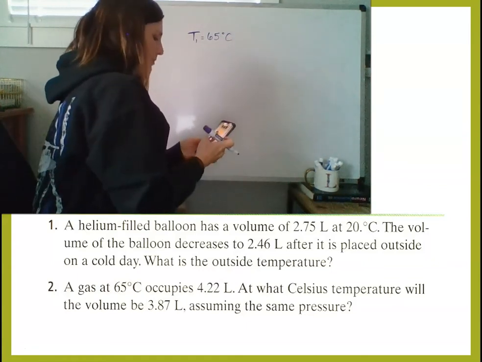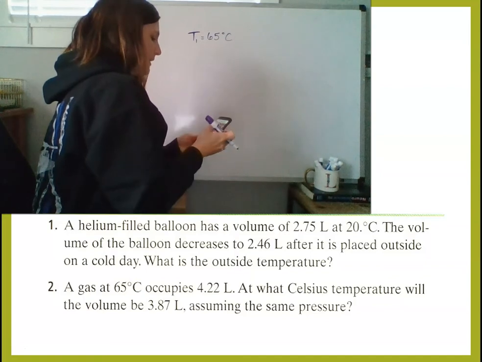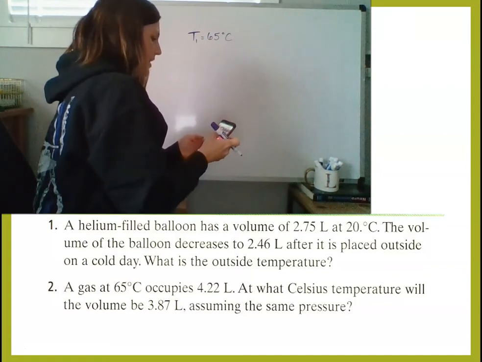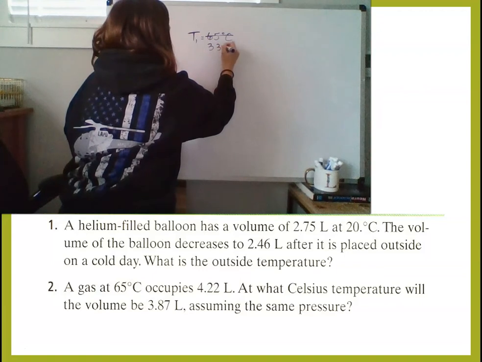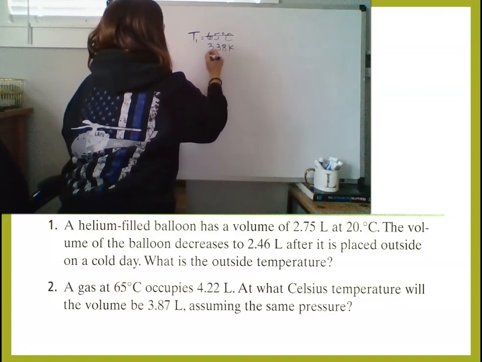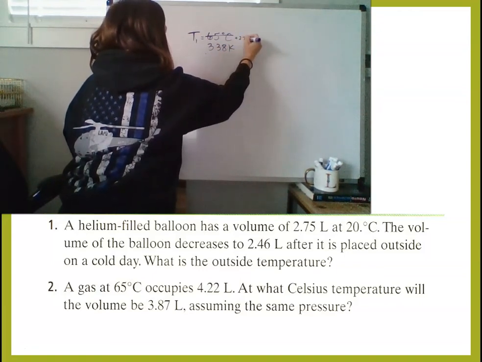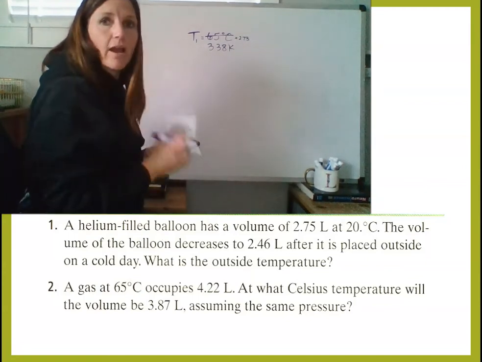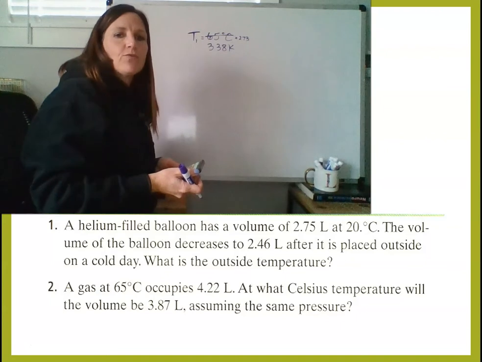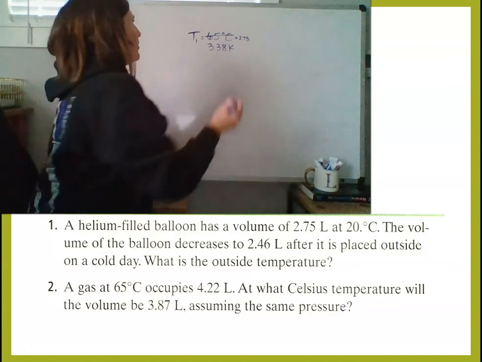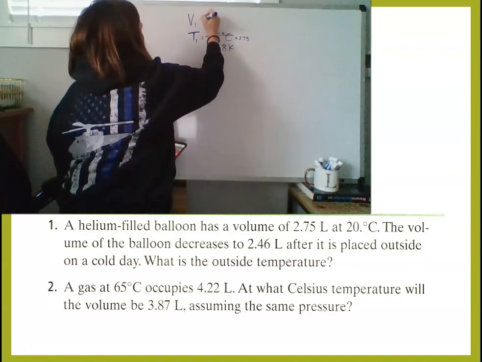I want to immediately take my 65 plus 273 to get it into Kelvin. This is 338 Kelvin. Remember, we do that by adding 273. So I'm going to immediately change my T1. It occupies 4.22 liters. 4.22 liters is a volume.